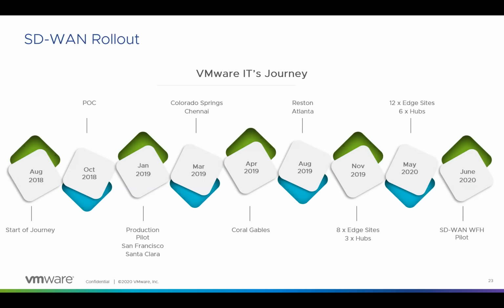And once it does, we are going to present our findings to the stakeholders and recommend the next step, which would be a global rollout to ensure that we can help improve the experience for our colleagues working from home. So this is kind of our high level journey or where we stand today.